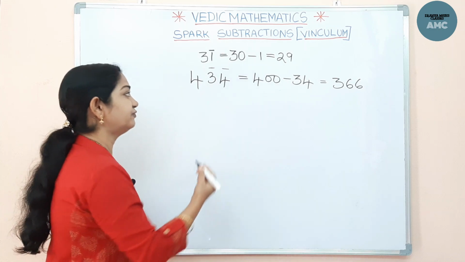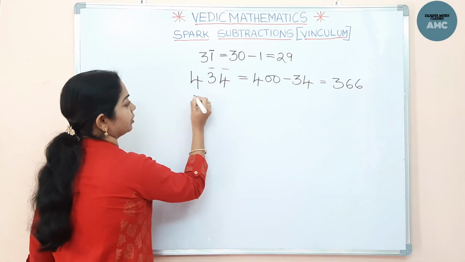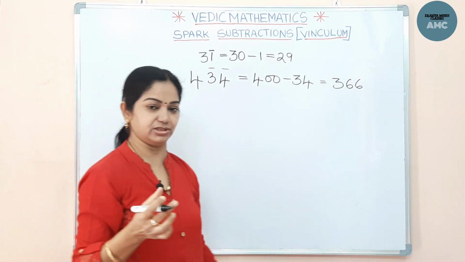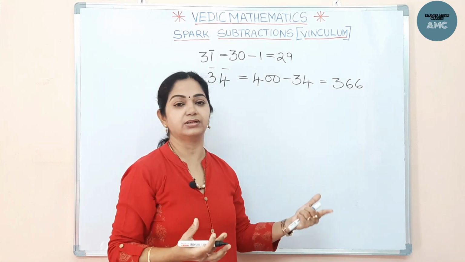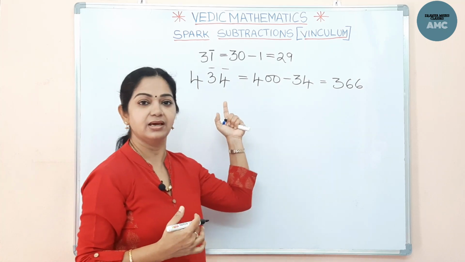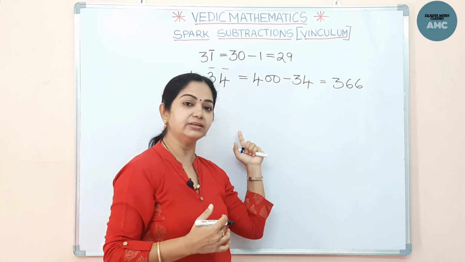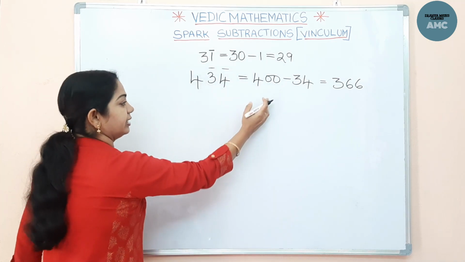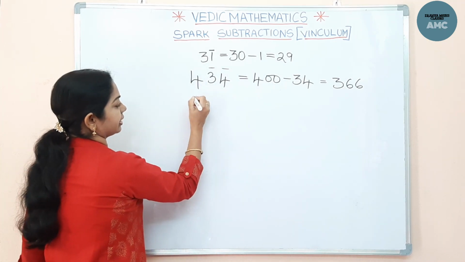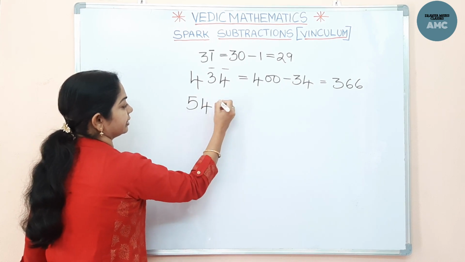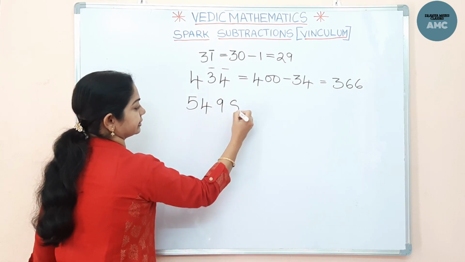So for this there is a technique. So if you are taking small numbers like 2 digit or a single digit, you can easily tell the actual number for the Vinculum number. But if you are taking bigger numbers, converting the Vinculum number to the actual number by this way is very hard. So if you take any 4 digit number like 5498, suppose.